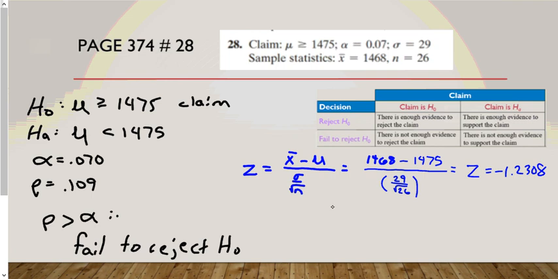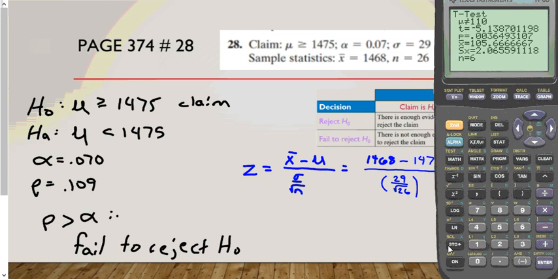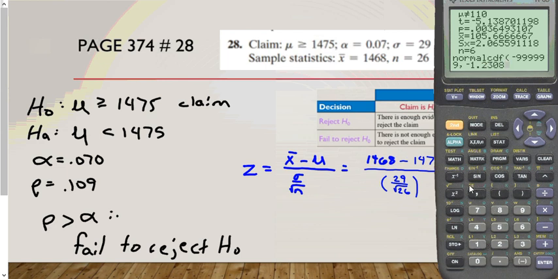Then what we would do is use our normal CDF. So we'll go into here, go to distributions, normal CDF, and this time we want to go from negative 99999 all the way up to negative 1.2308, because we're looking to see how much area there is in that lower left-hand tail.